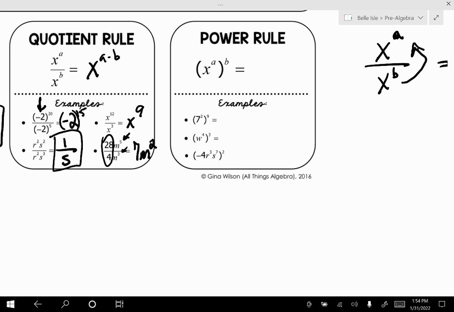Power rule. Almost done with this page. We have x to the a power, and then all of that to the b power. Okay, so now when we are raising a power to another power, this will be the one time that you actually, I would like your opinion. What do you think is going to happen?